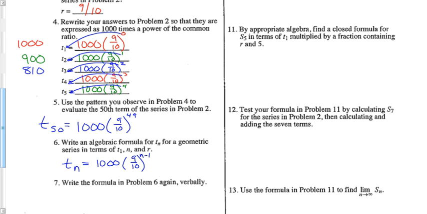So the general formula for any geometric series is going to be T sub n equals that first term. That's really where that 1,000 came from. That's my first term, times my common ratio raised to n minus 1.